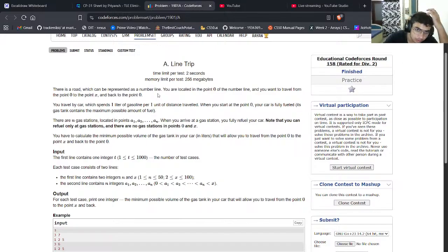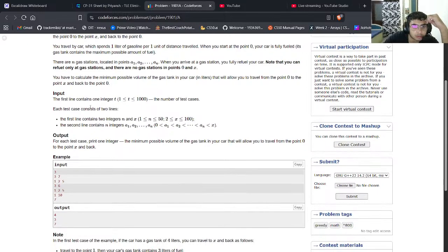The first line contains an integer, the number of test cases. Each test case contains two lines. The first line contains two integers n and x, the number of gas stations and the distance we have to travel. n is 1 to 50 and x is 2 to 100.